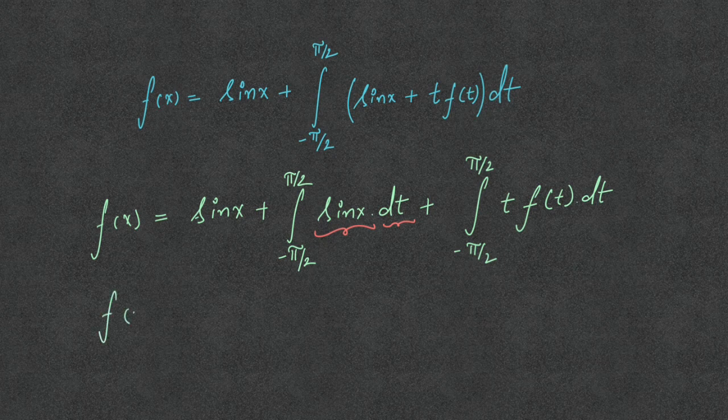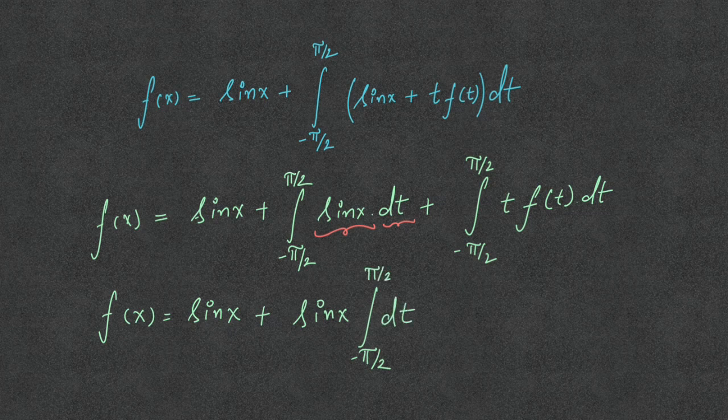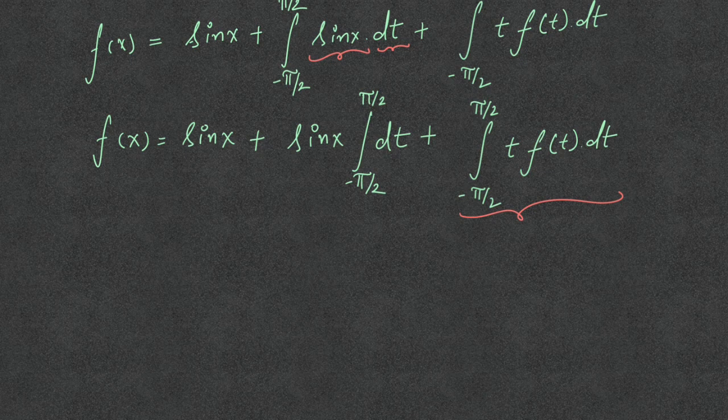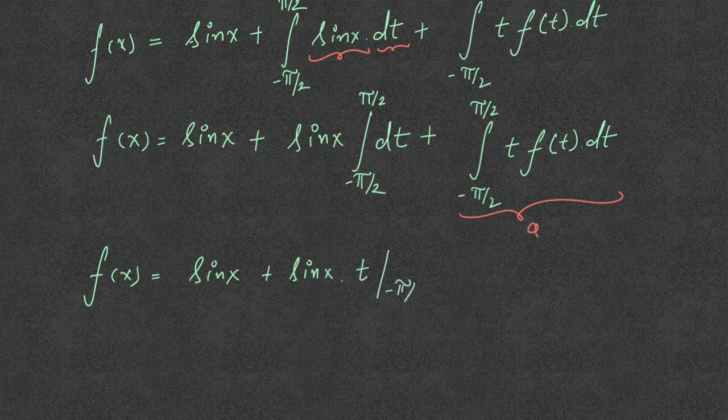Therefore f(x) is equal to sin x plus sin x into integration from minus pi by 2 to plus pi by 2 dt plus this t f(t) dt integral, which is a constant. Assume this integral as a. So f(x) is equal to sin x plus sin x times the integration of dt, which is t, limits from minus pi by 2 to plus pi by 2, plus a.